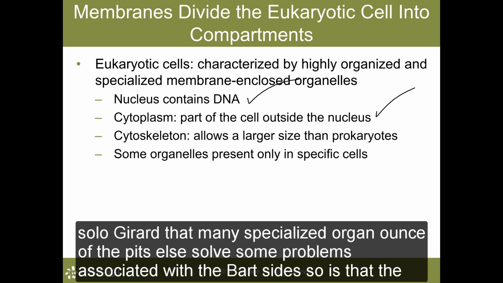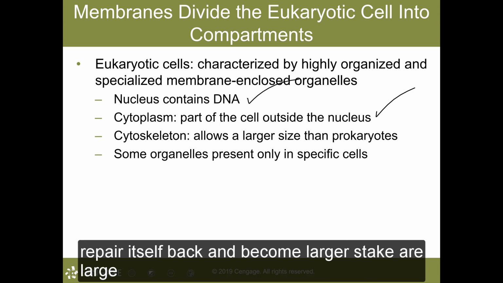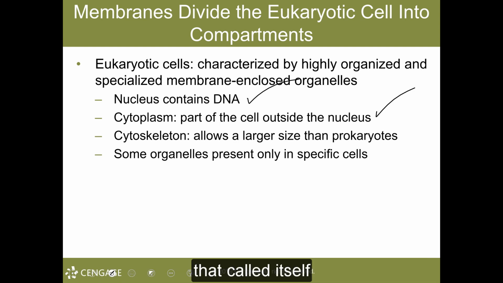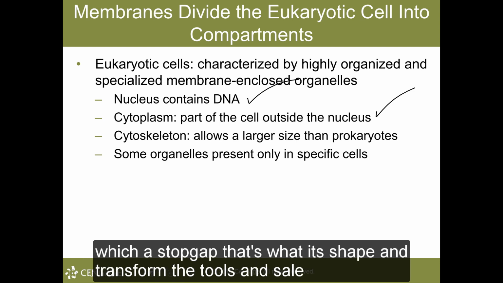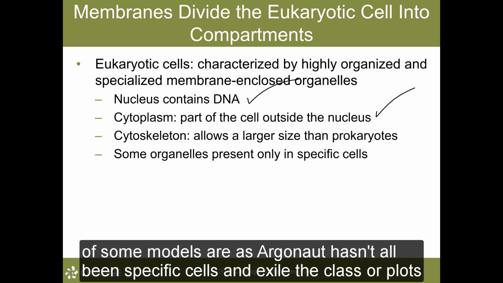So the many specialized organelles of eukaryotic cells solve some of the problems associated with large size. It's the eukaryotic cells that can become larger than the prokaryotic cell. Eukaryotic cells are different from prokaryotic cells in having a supporting framework, that cytoskeleton I mentioned to start the chapter, that's important in maintaining shape and transporting materials within the cell. Some organelles are present only in specific cells, for example the chloroplast.